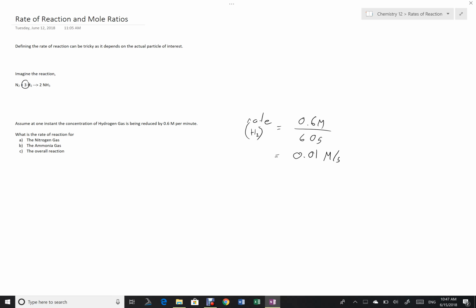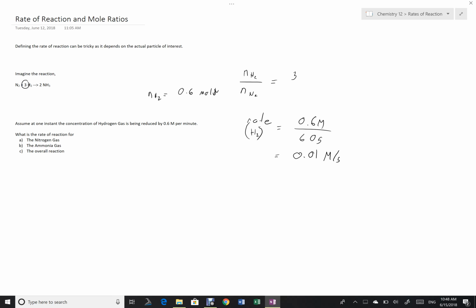If I want to know my rate for anything else or the overall reaction, all I have to do is use my mole ratios. If I have 0.6 moles of hydrogen gas, I can recognize that I can set up a ratio between moles of hydrogen and moles of, say, nitrogen.